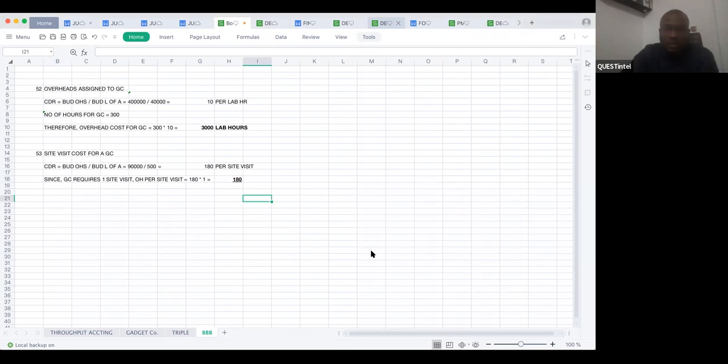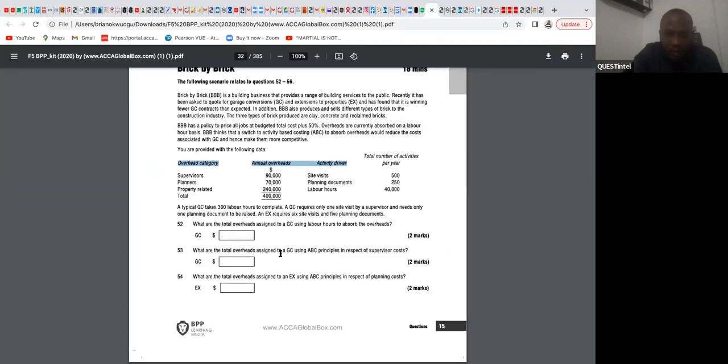Let's make sure we can track them. Total overheads assigned to a GC, to one GC, okay. So that's 180. Then the next question says, what are the total overheads assigned to an EX using ABC principles in respect of planning costs?